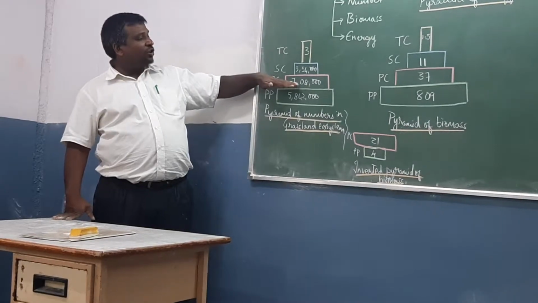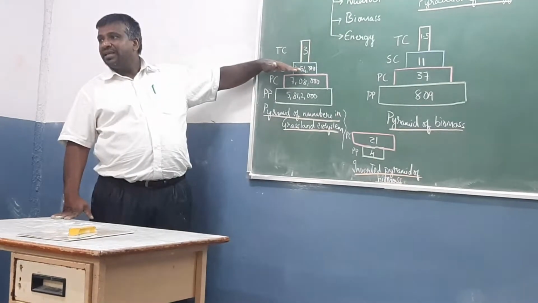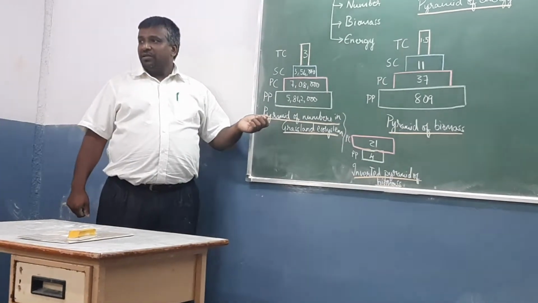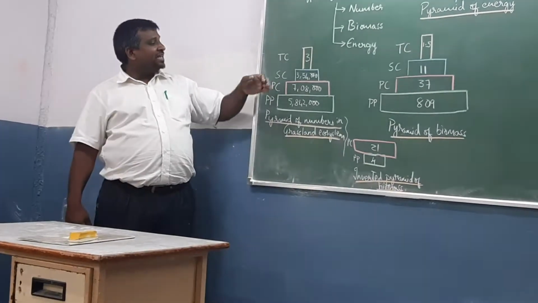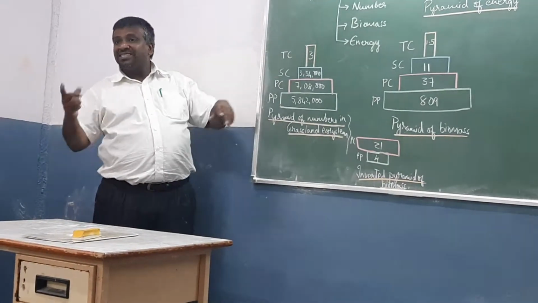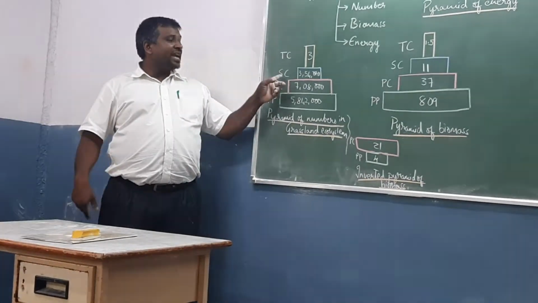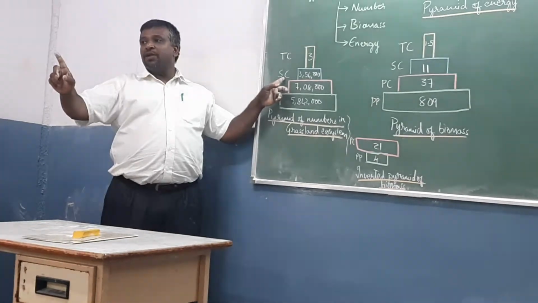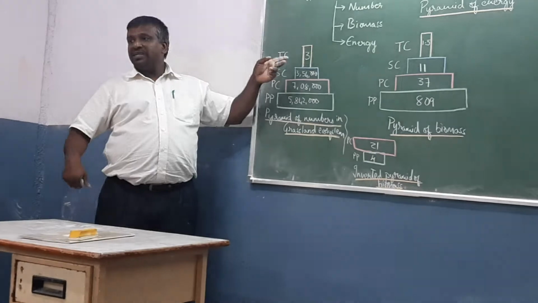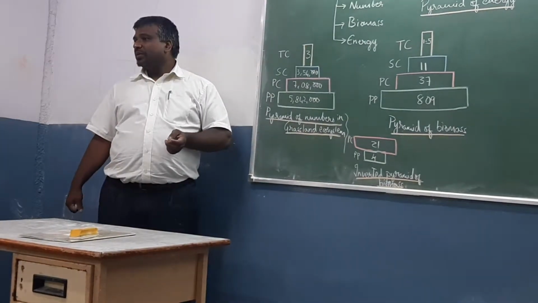This is in turn consumed by the secondary consumer, which is lesser in number. The secondary consumer is the primary carnivore, and it is consumed by the tertiary consumer, which is the secondary carnivore.